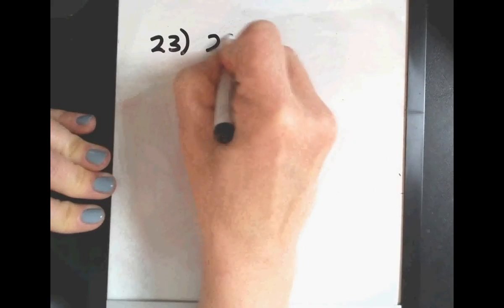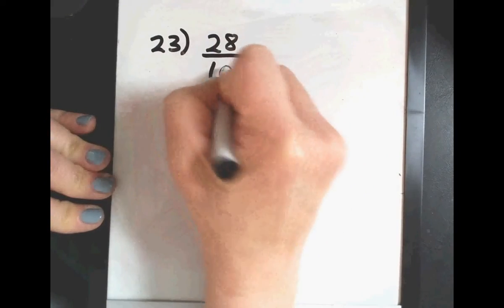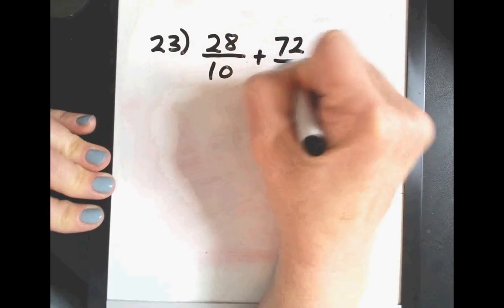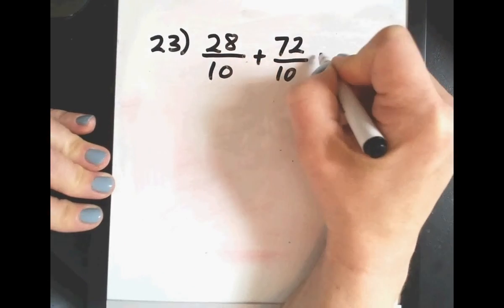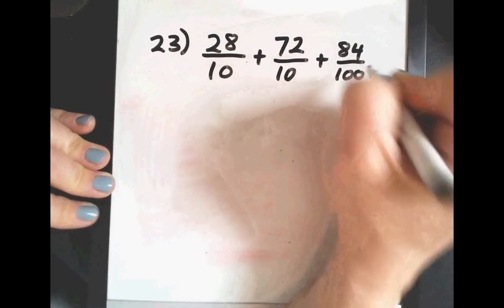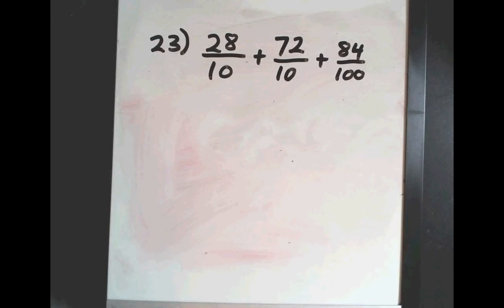Okay, so let's go over the last one. The last one is number 23. So I have 28 tenths plus 72 tenths plus 84 hundredths.